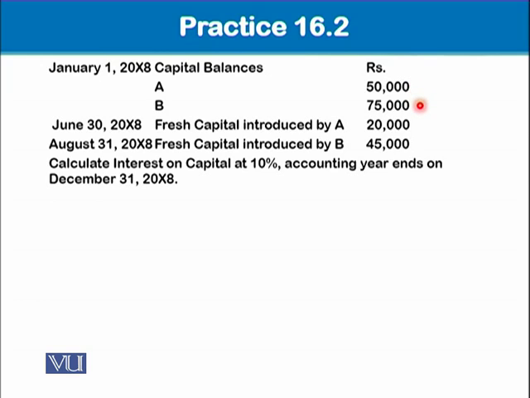On June 30th, X8, which means after 6 months, fresh capital of 20,000 was introduced by Mr. A, and on August 31st, which means after 8 months, fresh capital of 45,000 was introduced by Miss B. Calculate interest on capital at 10% rate of interest, and the accounting year ends on 31st December X8.